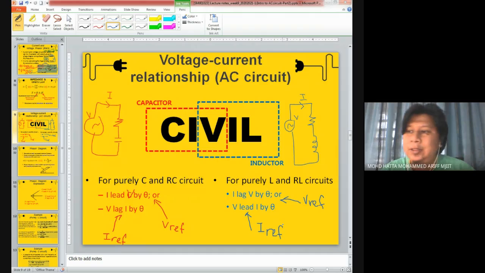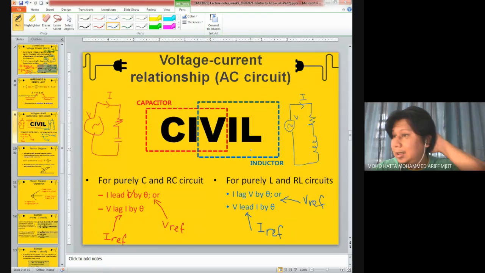If it is purely C or an RC circuit, for example the circuit you see over here is an RC circuit, you need to remember that the relationship of voltage and current is always given by the letters CIV, and for L or an RL circuit it is given by the letters VIL, and if you combine them it is given by CIVIL.